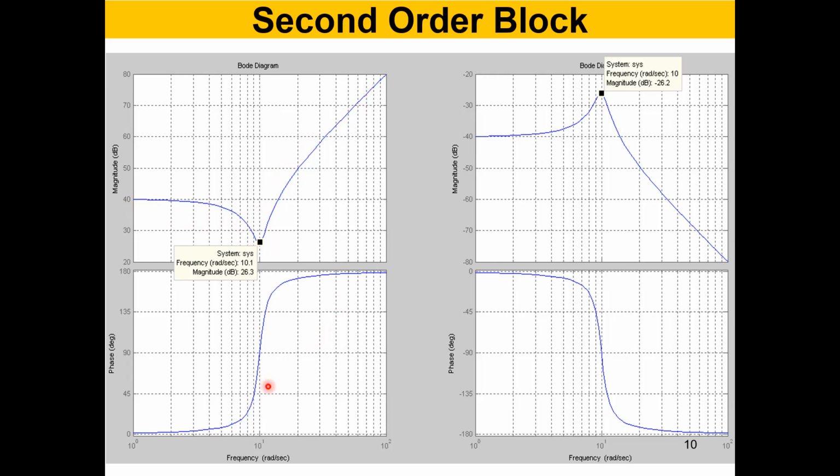And if you look at the phase, you can see right at 10 radians per second, if you send the same frequency signal through the block, you get a 90-degree phase lead here, right? Whereas earlier, remember, it was 45, now this is 90. And there's absolutely no phase initially, same as before.